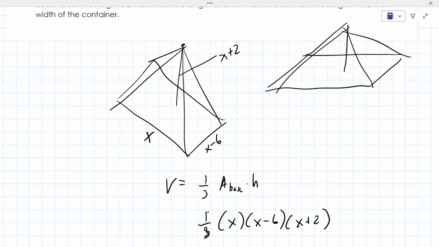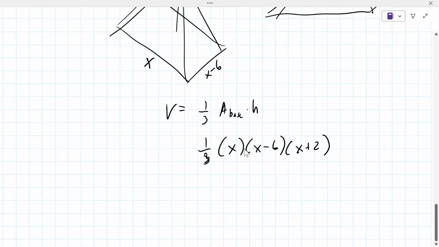Width is this one, height is this one, volume equals 1/3 base times height. Now, here's the thing though, if you're graphing this, you don't have to expand it. Your calculator can handle this.